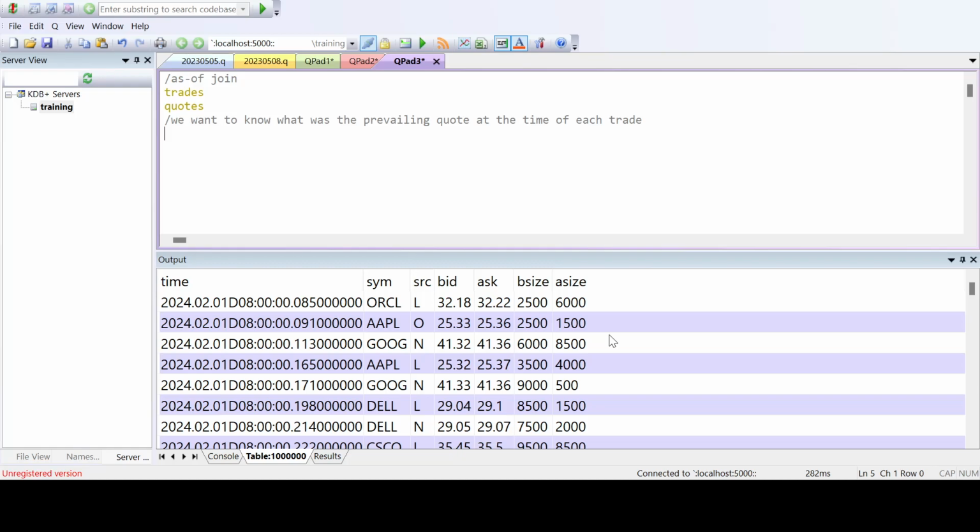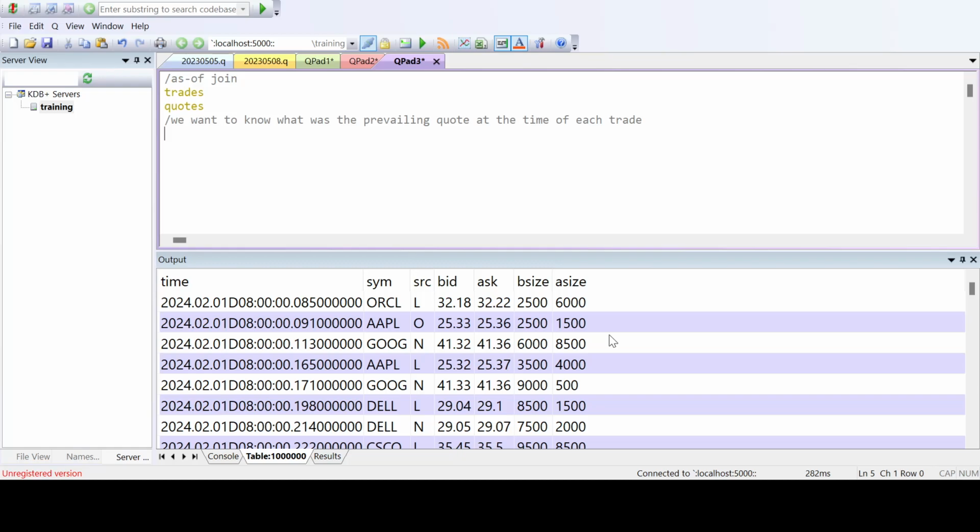The buyer always wants to buy at the lowest price, and the seller always wants to sell at the highest price.